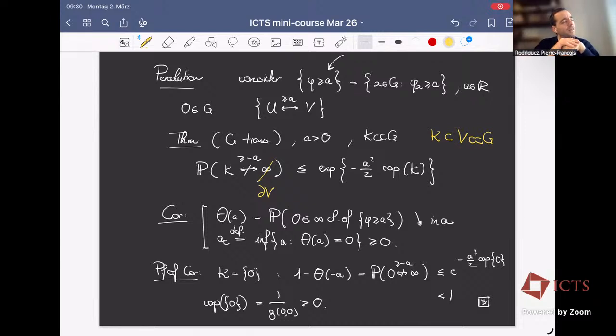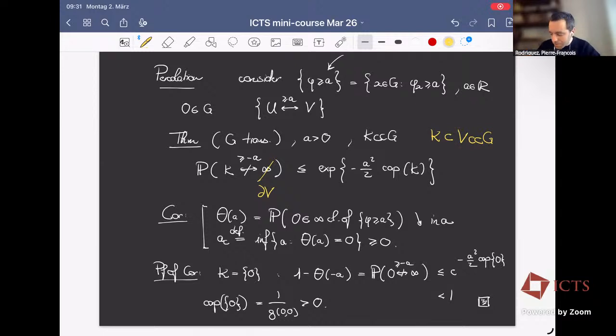And the thing that makes all the difference for the GFF is that you have this Markov property, which in a way allows you to make this exploration even more precise than for Bernoulli. Okay, so in the proof of the theorem that I wrote here, you're already going to see one of these two explorations, and you're going to see the other one in the next lecture. And here the game is actually to explore from outside. So you will explore things from the boundary of this set V.